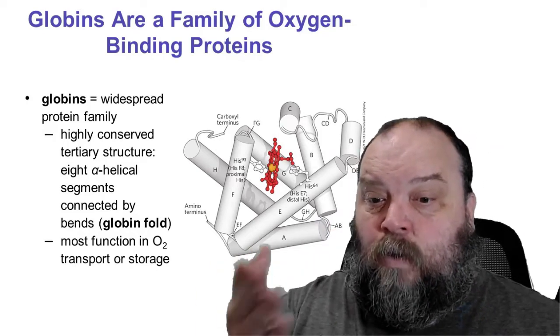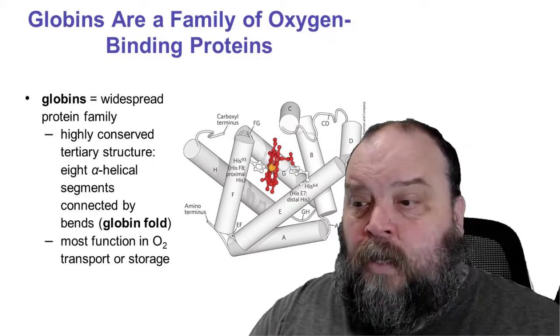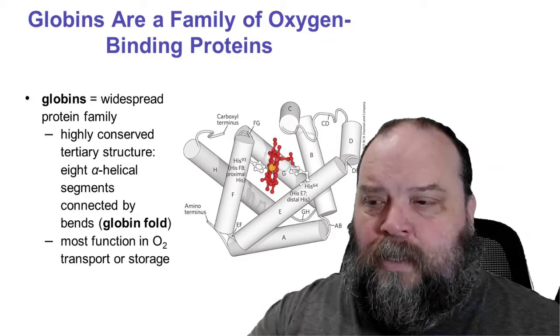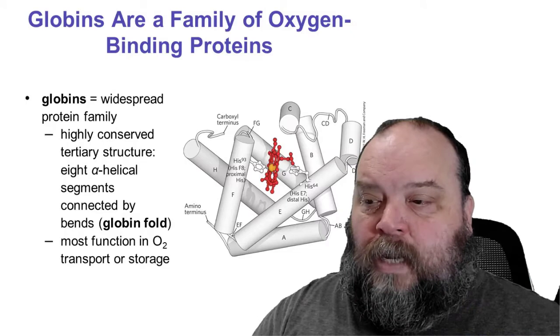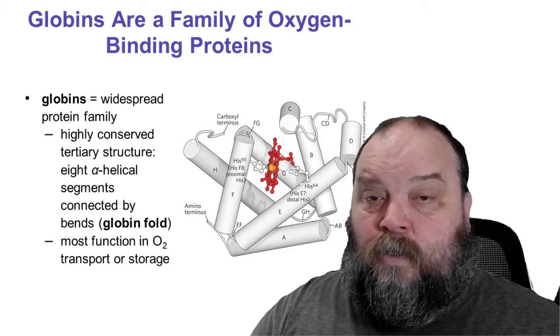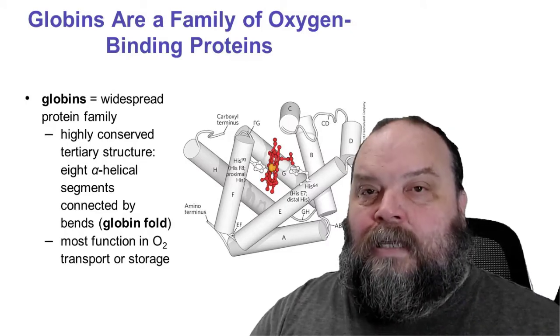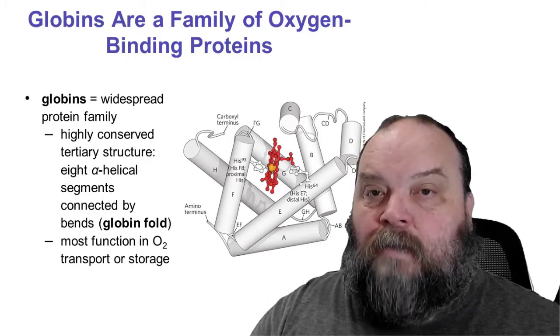We know exactly where the F is, as you see here. F is also the one that has the proximal histidine that's going to stabilize the iron in the middle of that porphyrin ring.